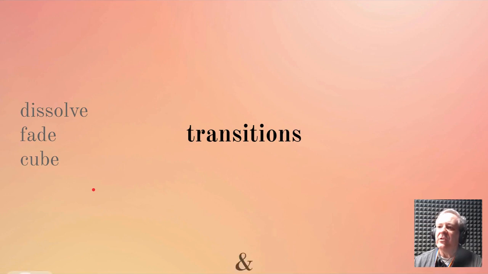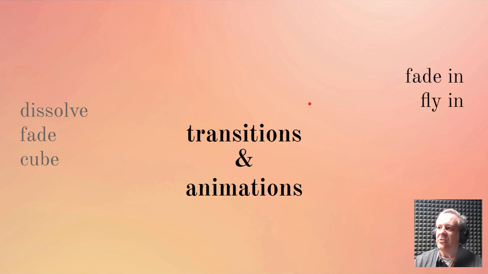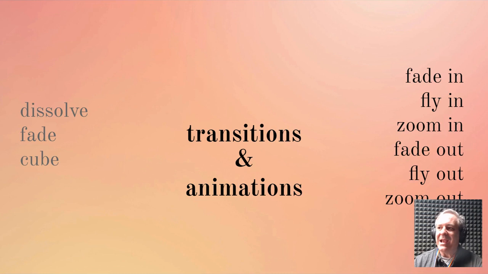In addition to transitions, we also have animations like that. Animations are individual elements on a page that have some kind of movement associated with them. Some of the available options are fading in, zooming in, fading out, flying out, zooming out.